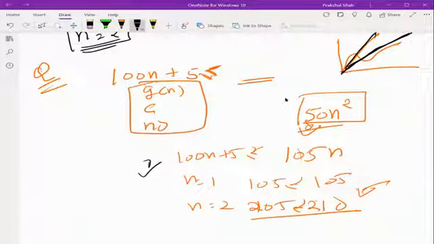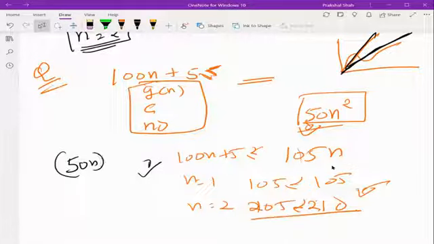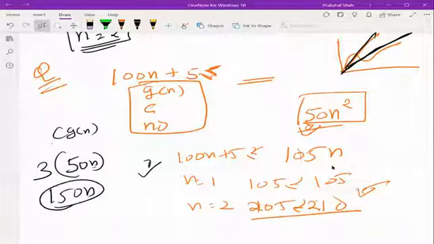Yes, Vishal, correct. We need to find the closest possible solution. Parag, if you see 50n into 3, that is c into g of n, so c is 3 and you are telling me 50n. So can it be 150n?